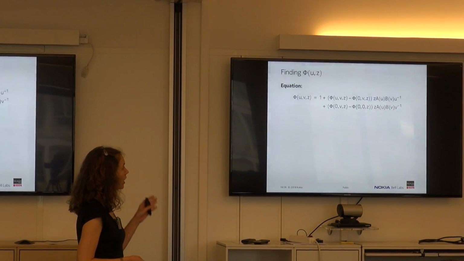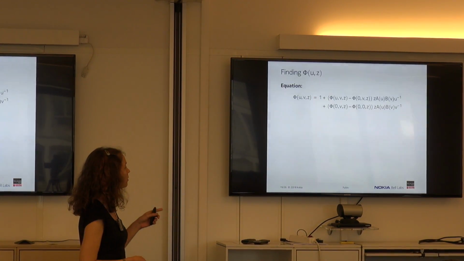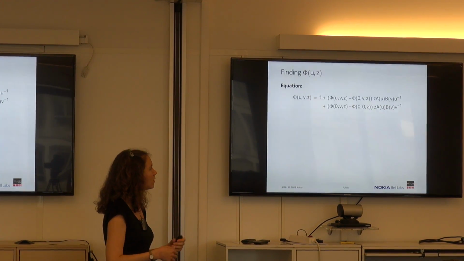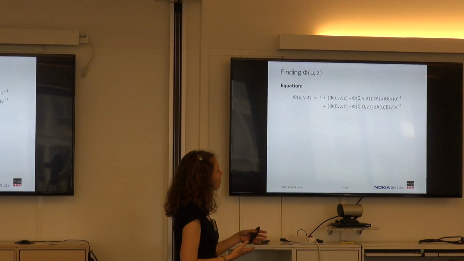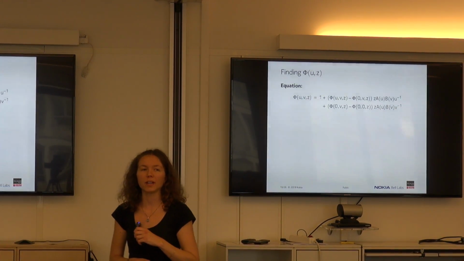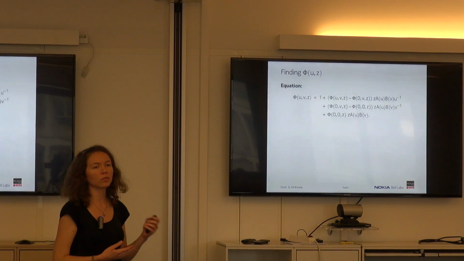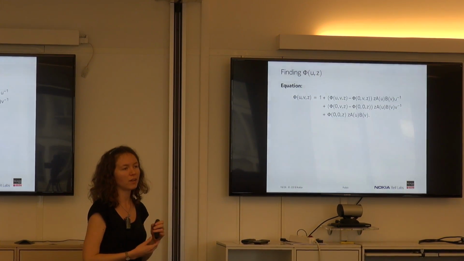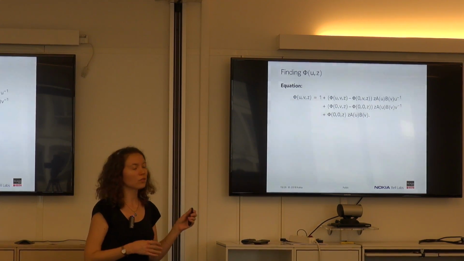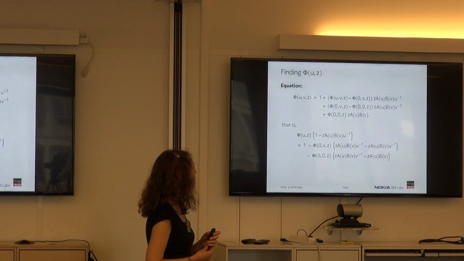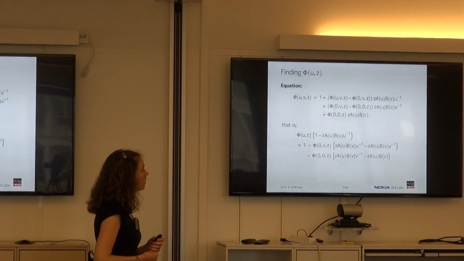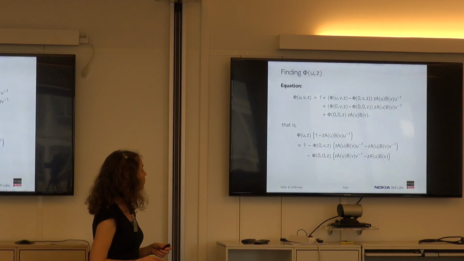Otherwise, if you don't have any packets from flow 1, that corresponds to the phi of 0, v, z, then if you have packets from flow 2, you will process one of these packets. That's why you have the v minus 1. And finally, if you don't have any packets, you will only have arrivals. So that's this last term. And so this gives us the equation that is satisfied by phi. We can rewrite it this way. And so now we'll do the same procedure again.